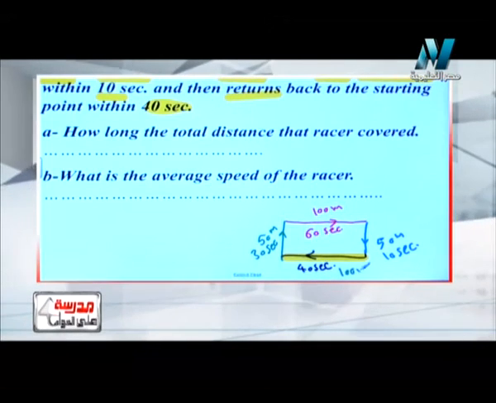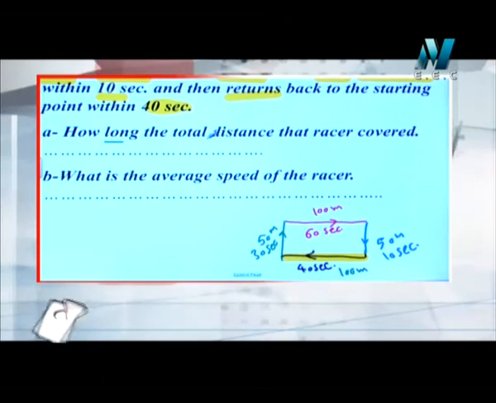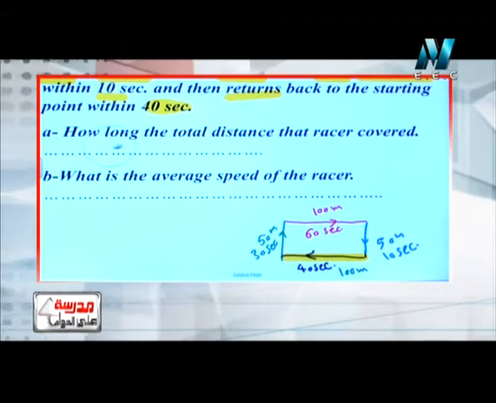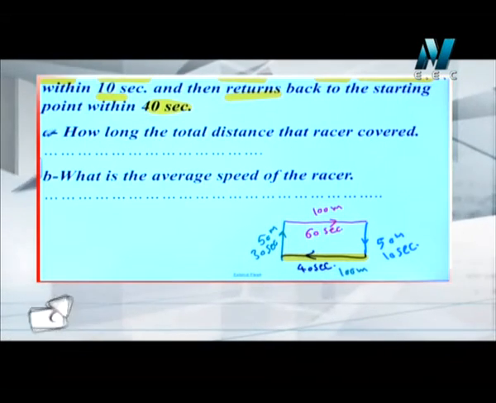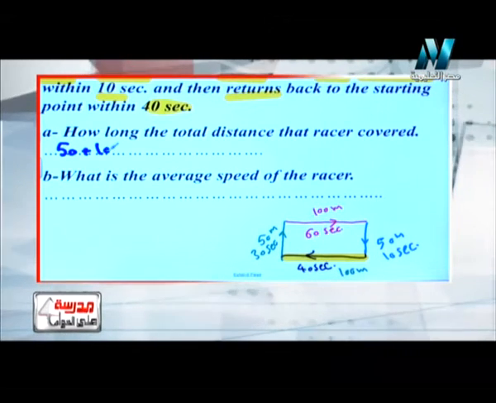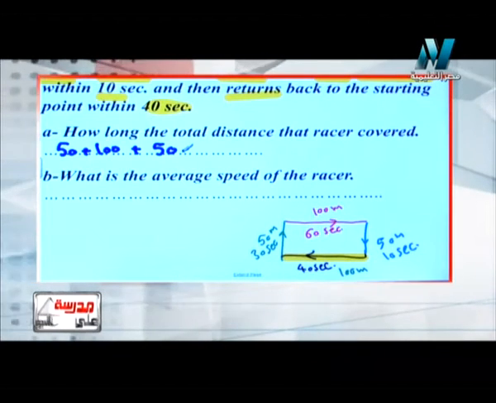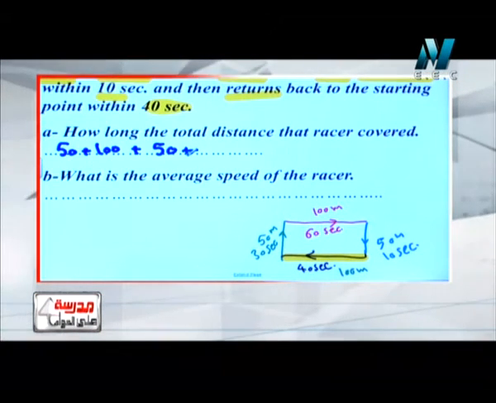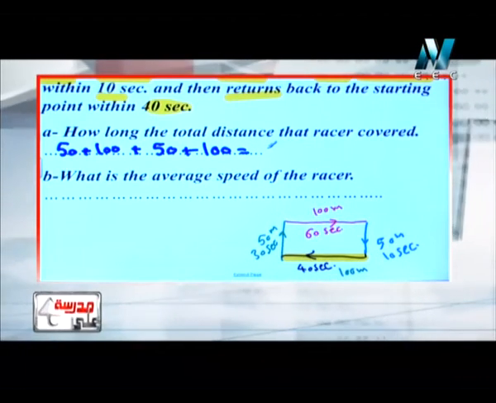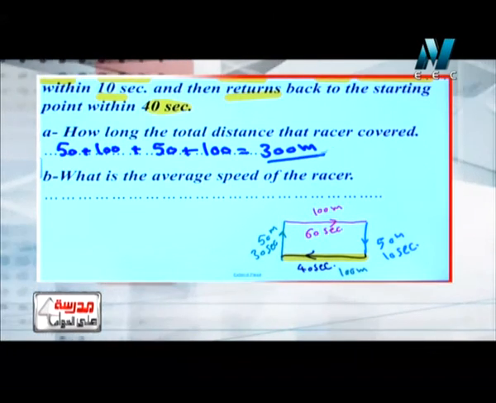So how long is the total distance? We add all distances: 50 plus 100 plus 50 plus 100, because it returns back to its origin point, equals 300 meters. Don't forget to write the measuring unit beside the number.